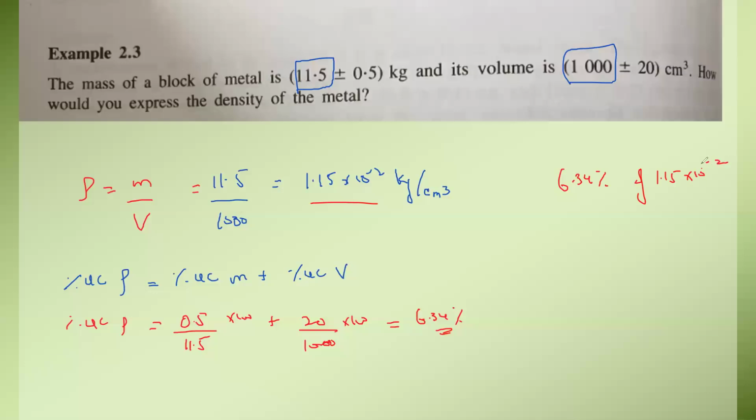What's the answer? 6.34% of 1.15 into 10 to the power minus 2.